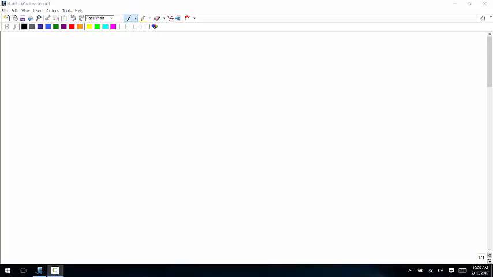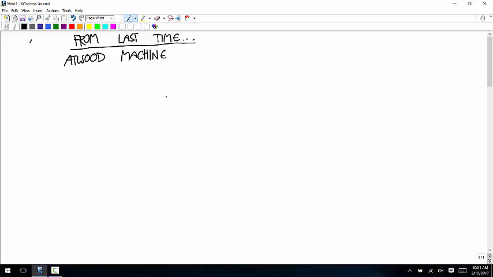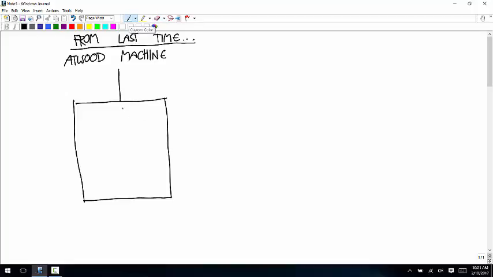Okay, so last time we talked about this setup. So this is from last time. We're talking about this Atwood machine. Last time we did this calculation where I didn't talk about it as being in an elevator before, but let's imagine that it's in an elevator at rest.